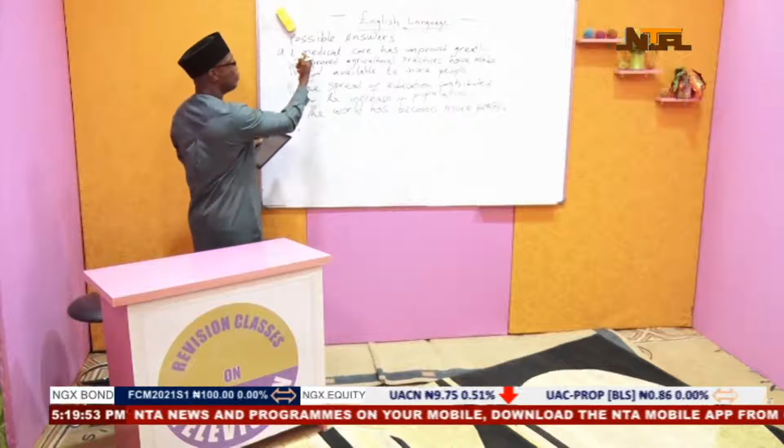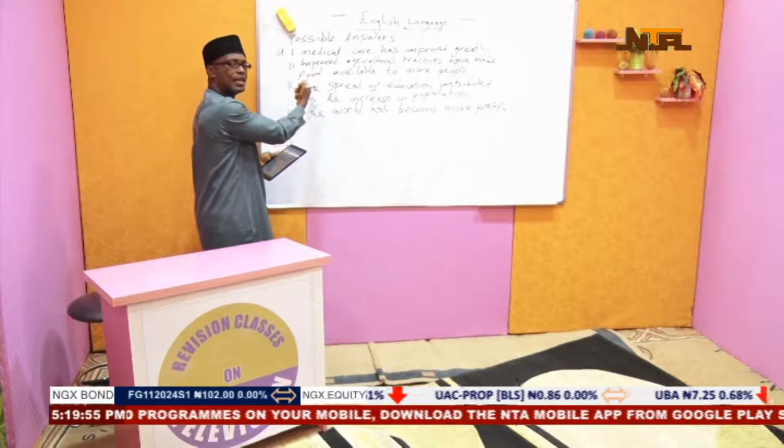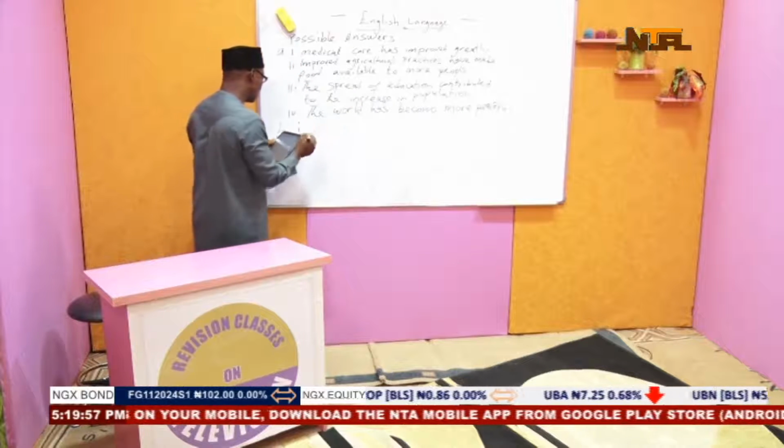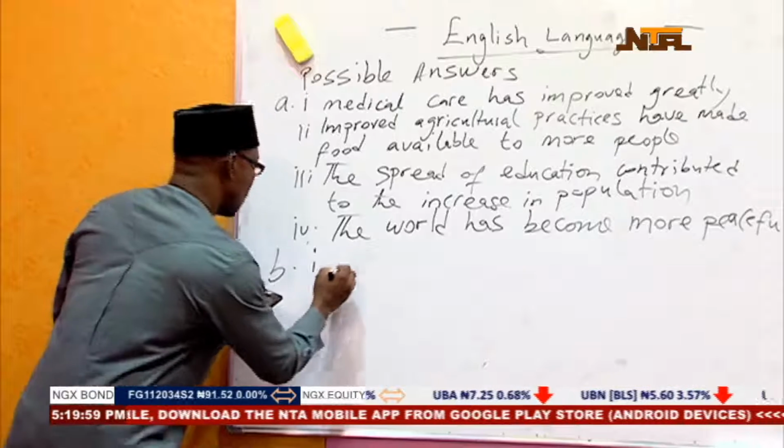Now, for level B, we are expected to write 2 sentences in this regard. From the other points that we have raised earlier on, we have these 2 sentences below. 1.